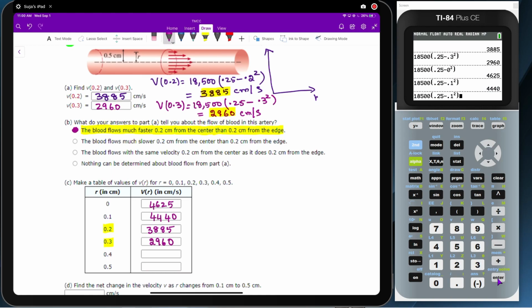And for 0.4, I have to replace this 0.1 with 0.4. So just change that to 4. It's 1,665. And for 0.5, just replace the 0.4 here with 0.5. And I get a 0.